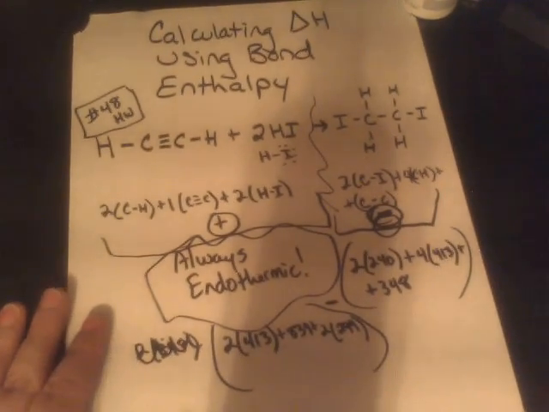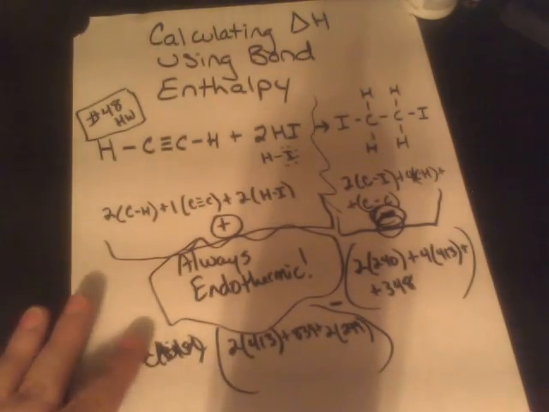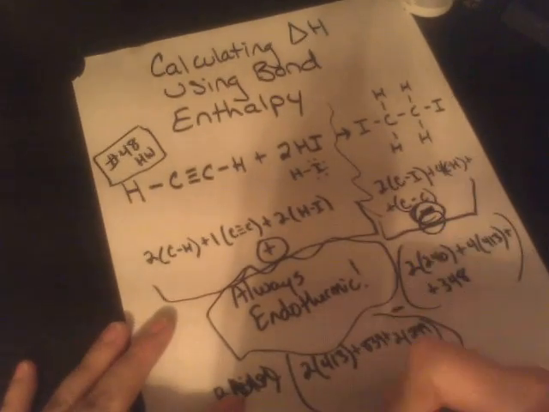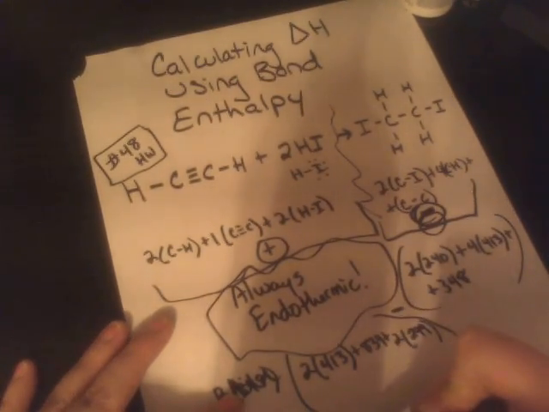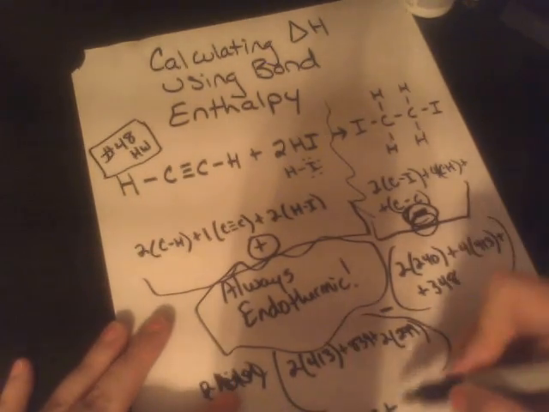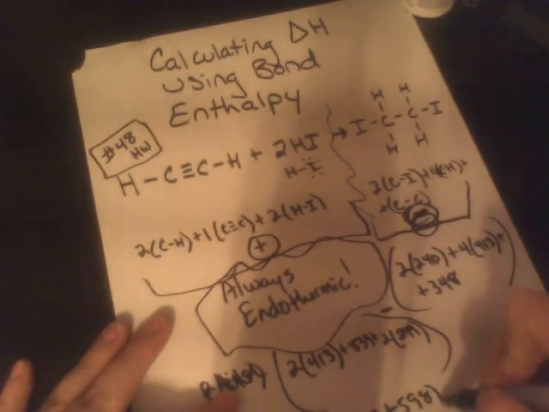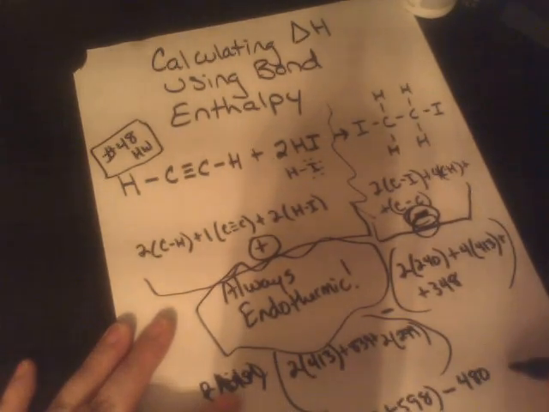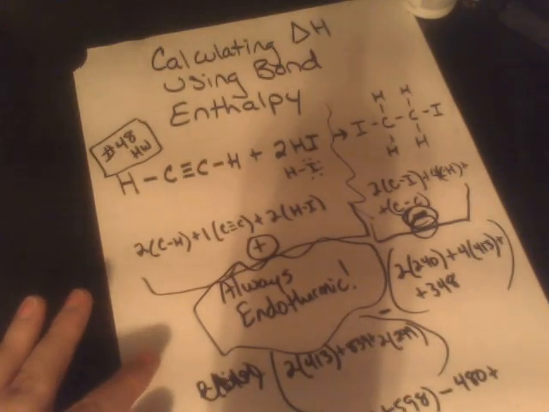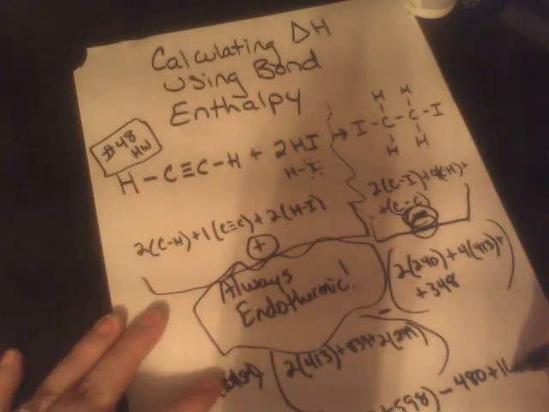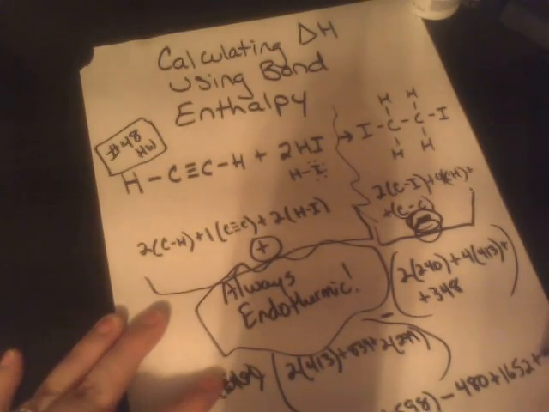Let's go ahead and total this up. I'm pulling up my little calculator. 413 times 2, 826, plus 839, plus 598. Yeah, I can do math in my head. Minus 480 plus, and then I'm not even going to pretend to do 413 times 4 in my head, 1652 plus 348.